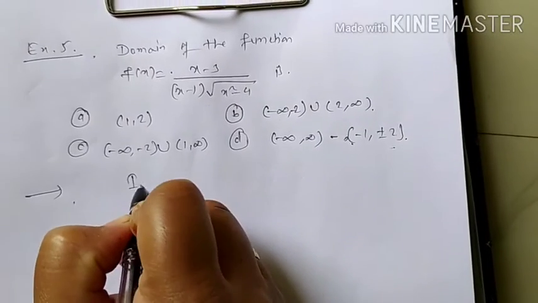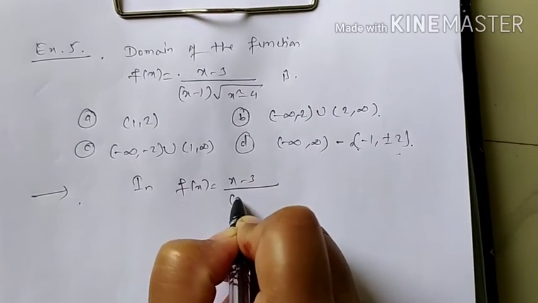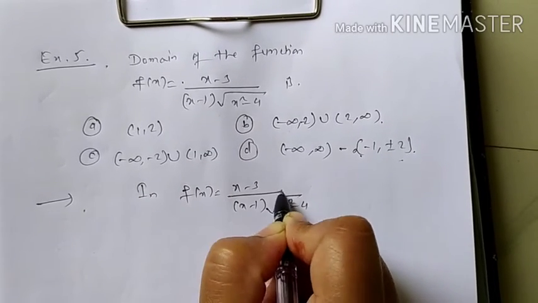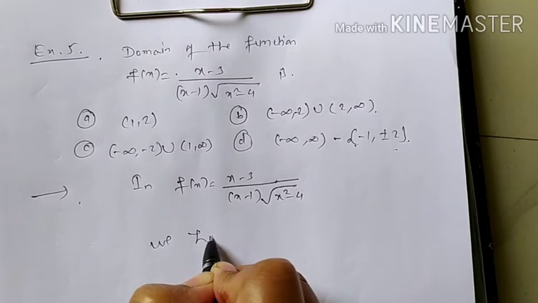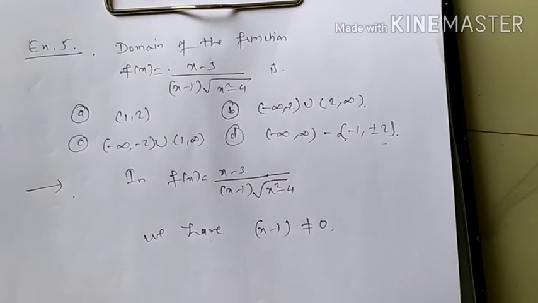Now in f(x) = (x − 3)/((x − 1)√(x² − 4)), we have x minus 1 should not be equal to 0.